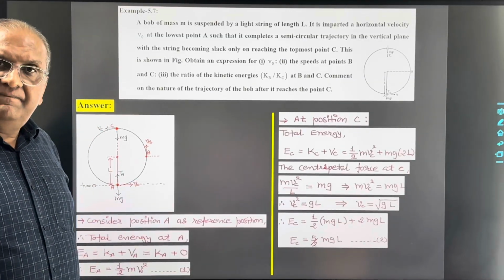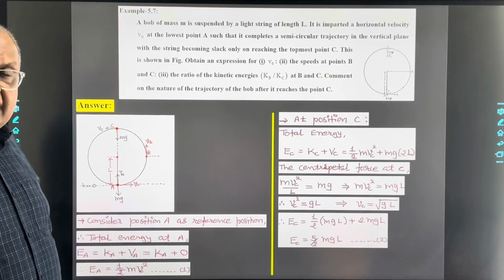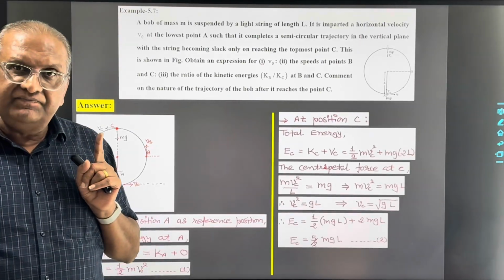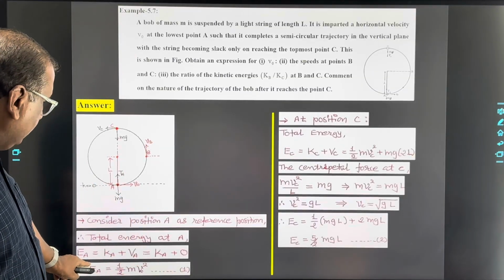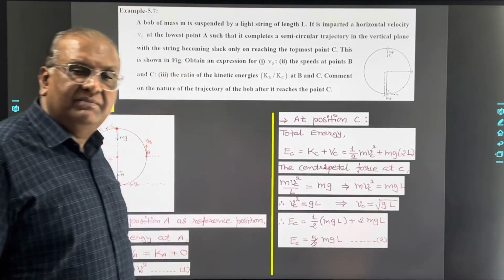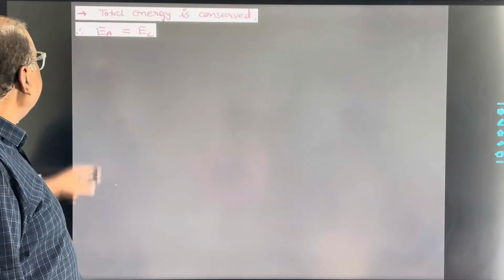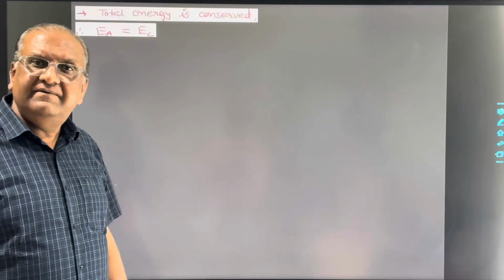Now, as per conservation of total energy, the total energy remains constant. So we compare equation number 1 and equation number 2. As per conservation of energy, EA equals EC.